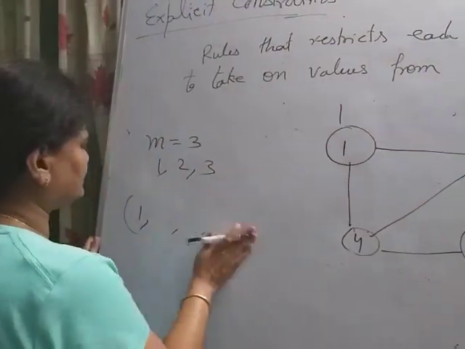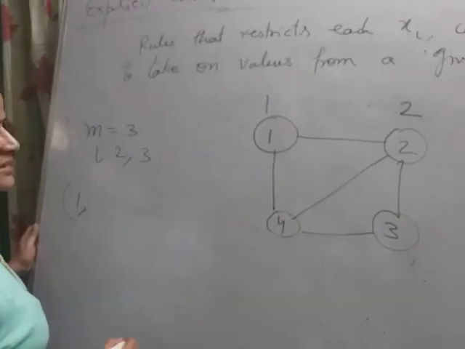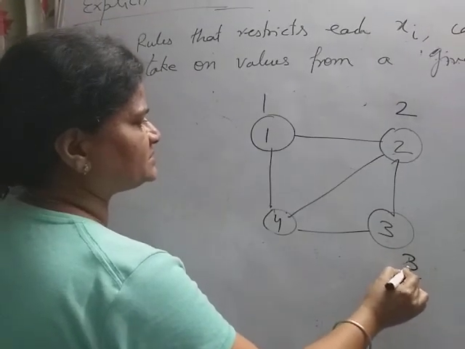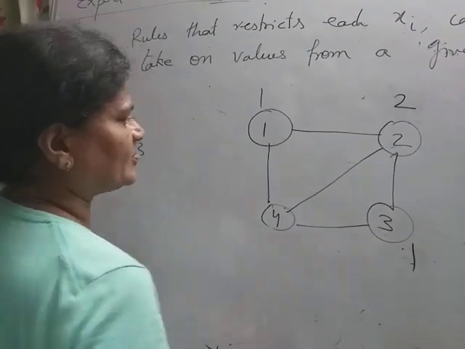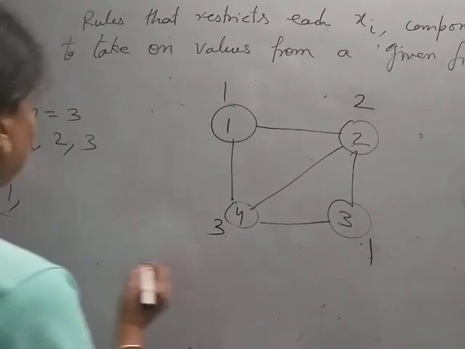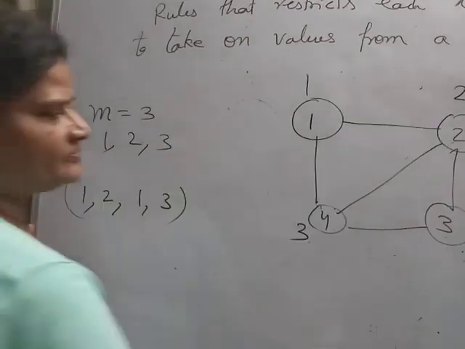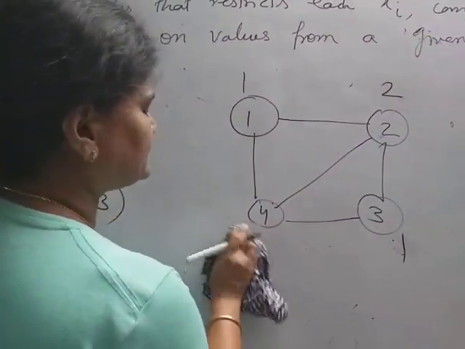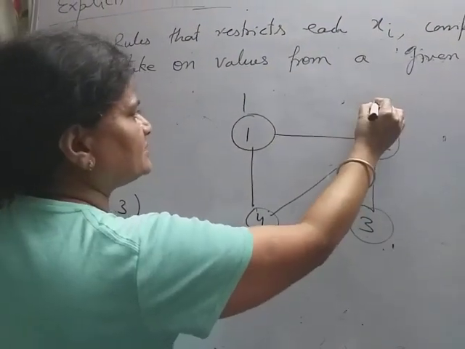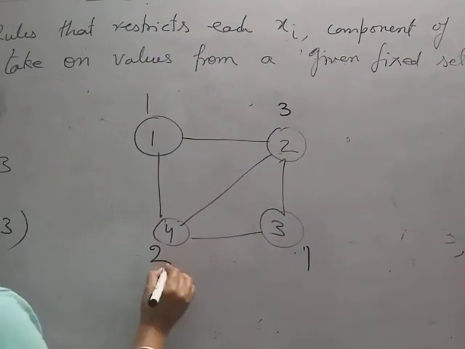Now check the previous one, whether it is correct or not. When we color the first, for the second I will use 2 and 3, here I will use 1 and then 3. So 1, 2, 1, 3 is one solution. Another solution can be 1, 3, 1, 2.